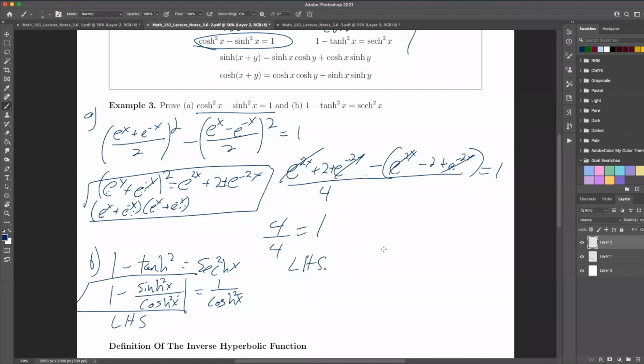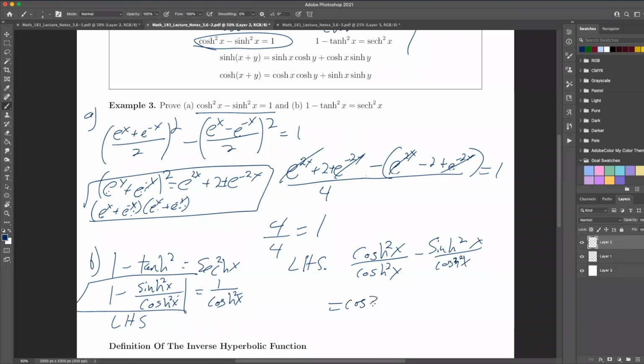So this 1 becomes hyperbolic cosine squared h over hyperbolic cosine squared h minus sine squared h over cosine squared h. I took the one and converted it into a different one, hyperbolic cosine squared, just so I have the same denominator, then I can put it together.